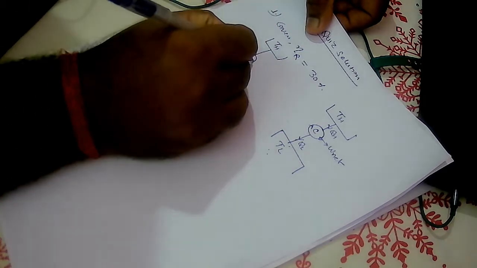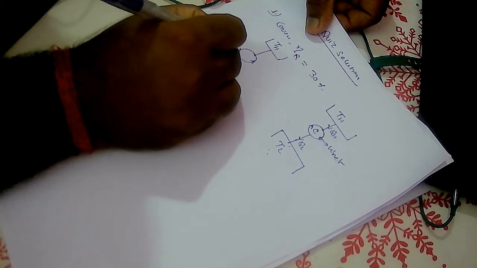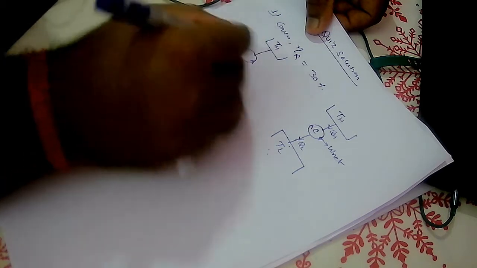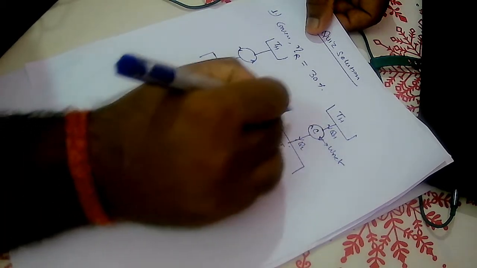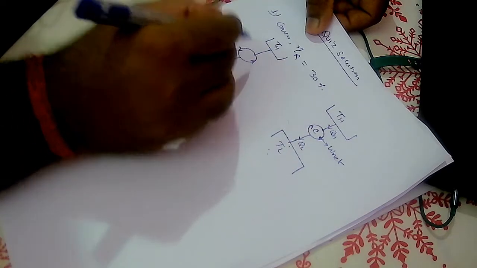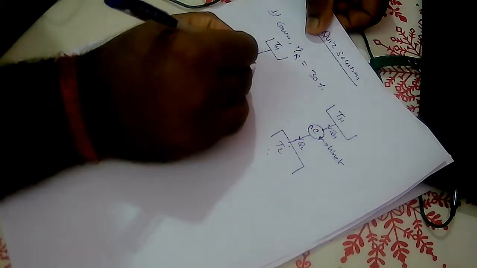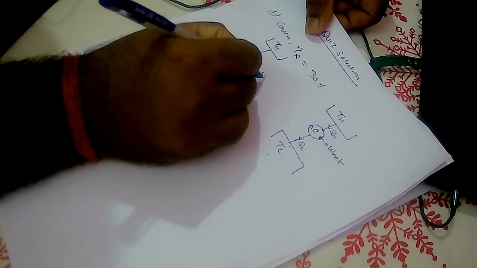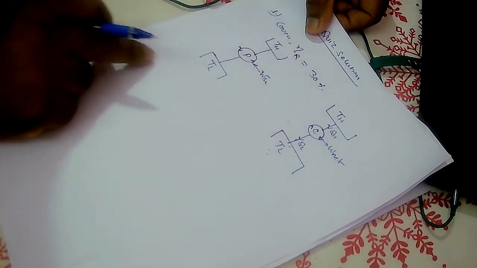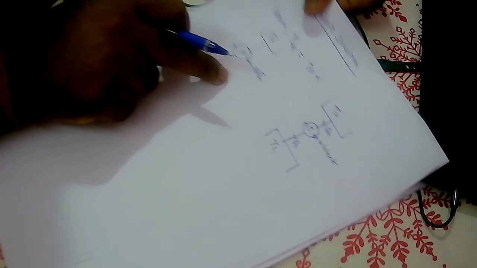The only thing is that the direction is now reversed. Now it will work in anti-clockwise direction; earlier it was working in clockwise direction. So it is working like a pump. I am writing here P, so it is a pump. It requires W input, which I have written here as W in.